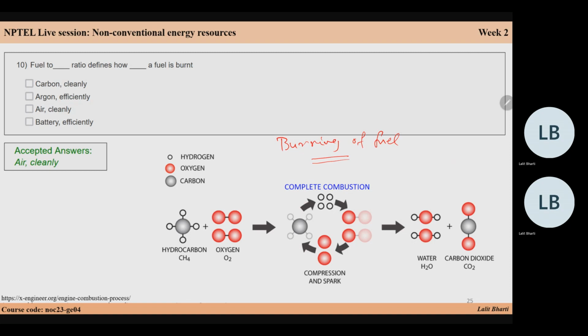So this schematic just explains how a fuel is getting burned. Fuels are basically hydrocarbons made up of carbon and hydrogen, and there is oxygen. For example, this is methane.